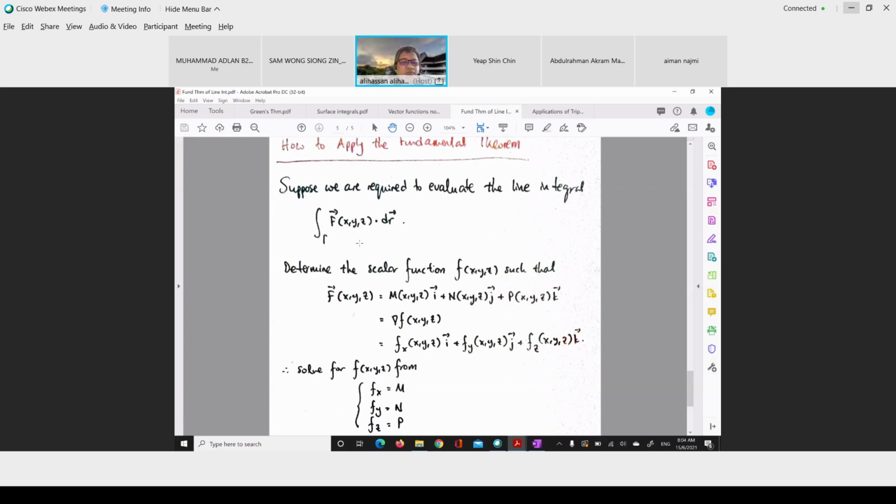P partial y equals N partial z. This is the set of equations that we need to show it satisfies.